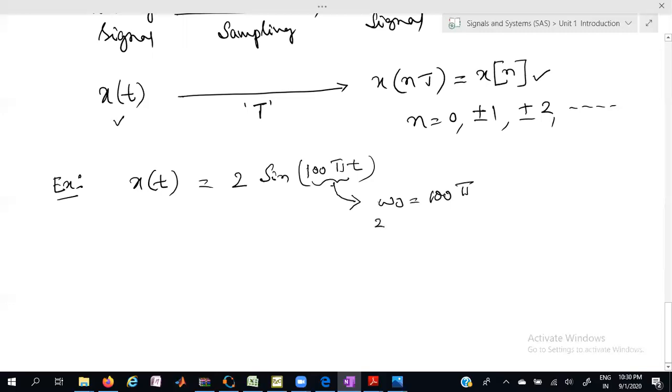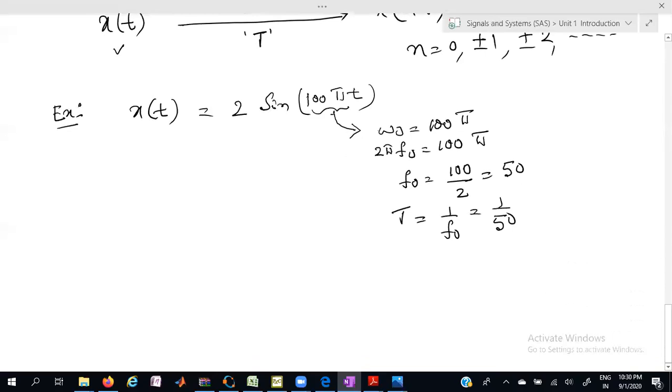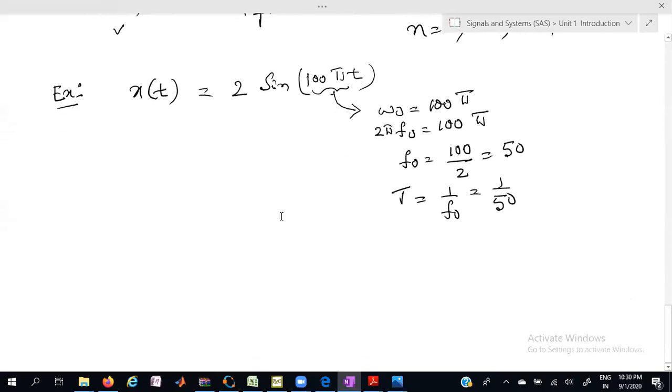You know omega naught can be written as 2 pi f naught, which is equal to 100 pi. So pi cancels, and f naught is equal to 100 by 2, that means it is 50. Which means the time period T is 1 over f naught, given by 1 by 50. So it is a sinusoidal signal with frequency 50 Hertz, or angular frequency 100 pi.